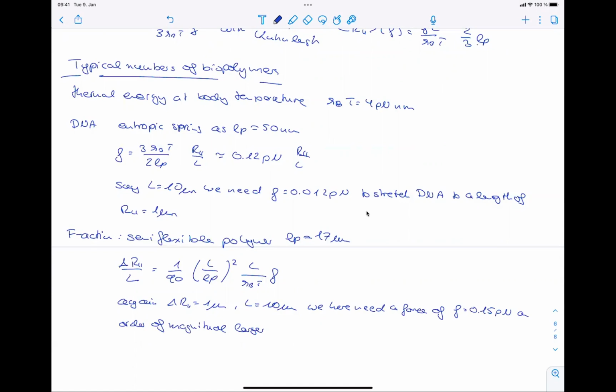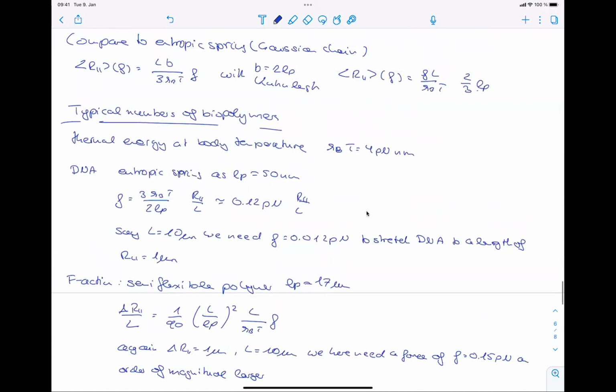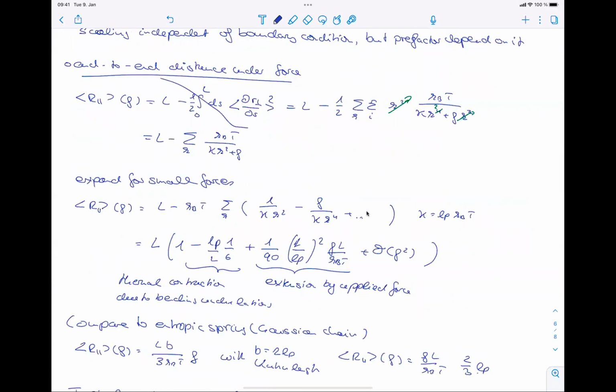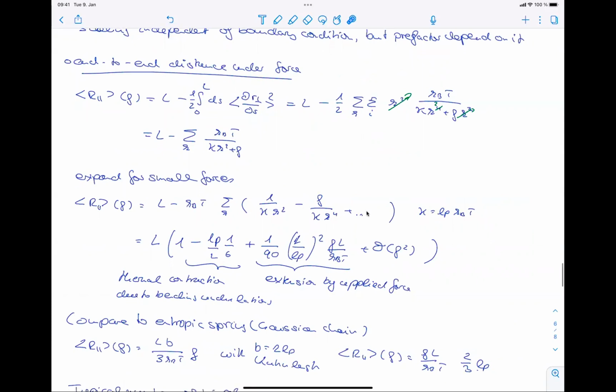And finally, we just explored the limit of small forces, but actually in this general description that we had, we can also look at the strong stretching limit.